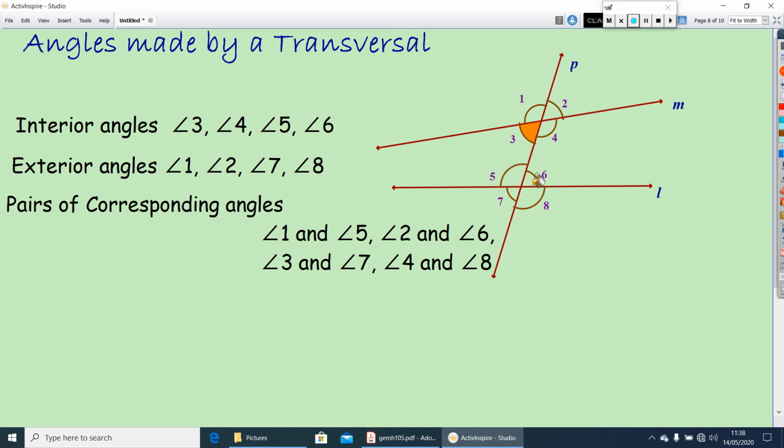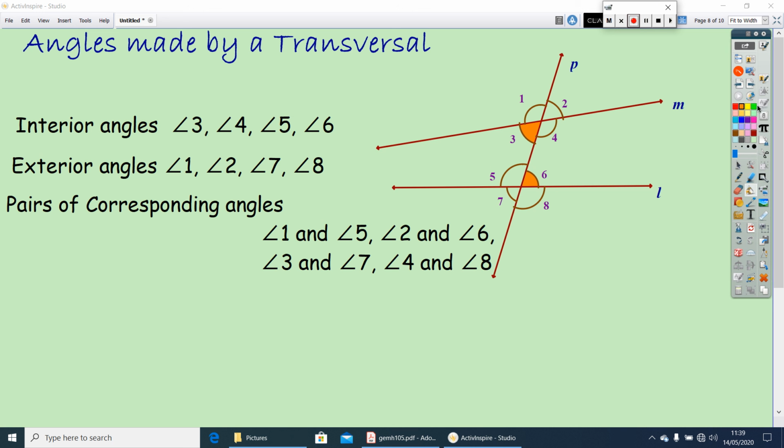One pair I can say, angle 3 and angle 6, having different vertices, opposite sides of the transversal or alternate sides of the transversal, and they are both interior of the lines M and N. This kind of angles we can call alternate interior angles. One pair, angle 3 and angle 6, are alternate interior angles.